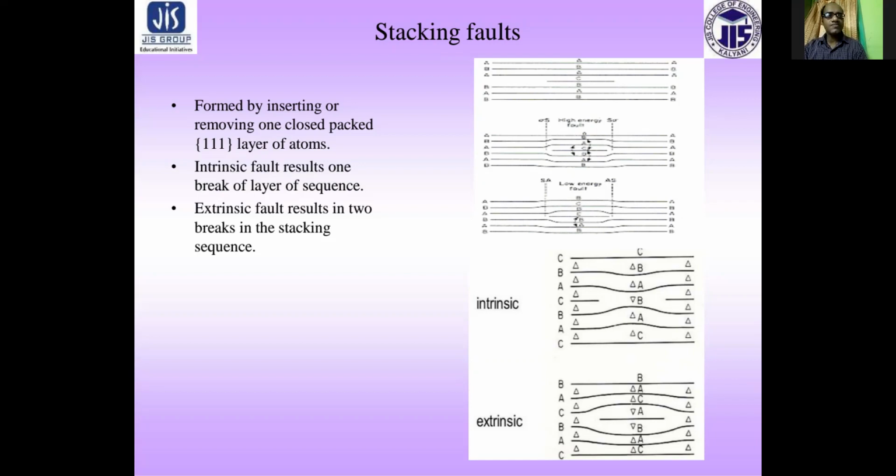The third plane is stacked in a manner identical to the first, and the fourth plane is stacked in an identical manner to the second, and so on. This results in a body-centered cubic structure.